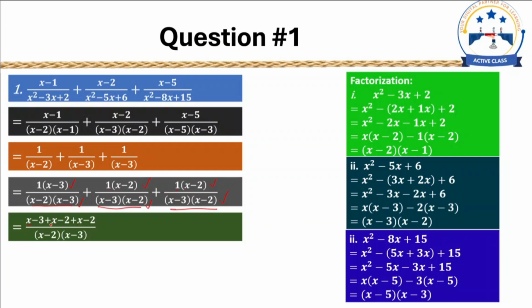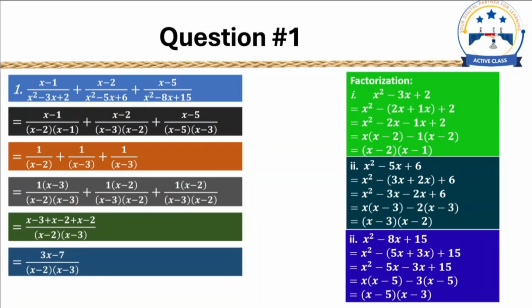This x plus this x plus this x means x plus x plus x. 3x minus 3 minus 2 is minus 7, right? So I'll write that as my last step because 3x minus 7 comes in the numerator, it cannot be further factorized, so this is our answer. We are done with the first question.